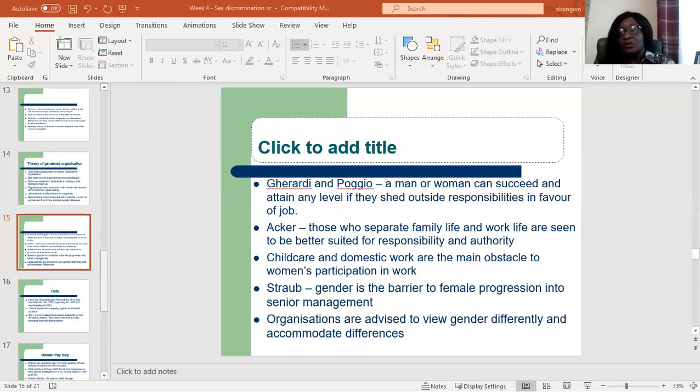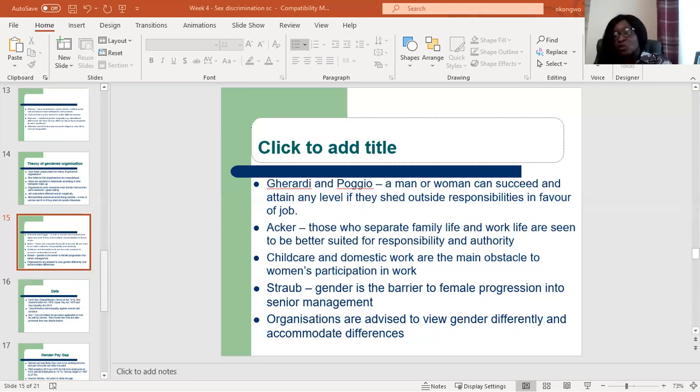According to Acker, this also has a further impact on women, because organizations view those who can separate their family life from their work life as being better suited for responsibility and authority.